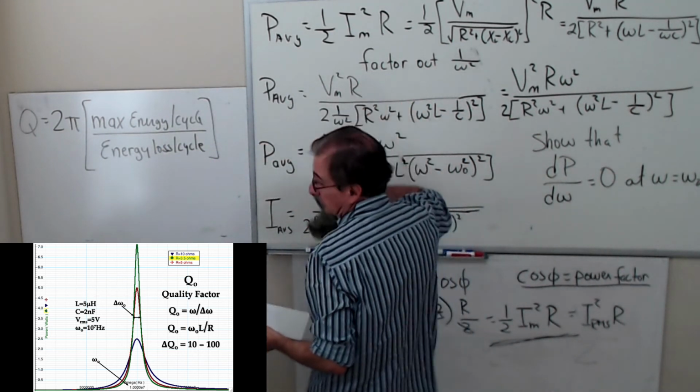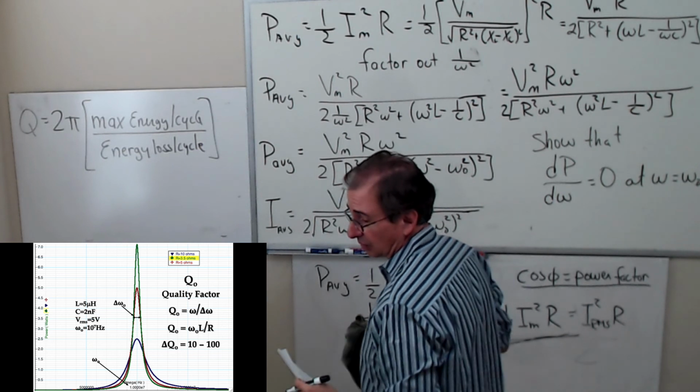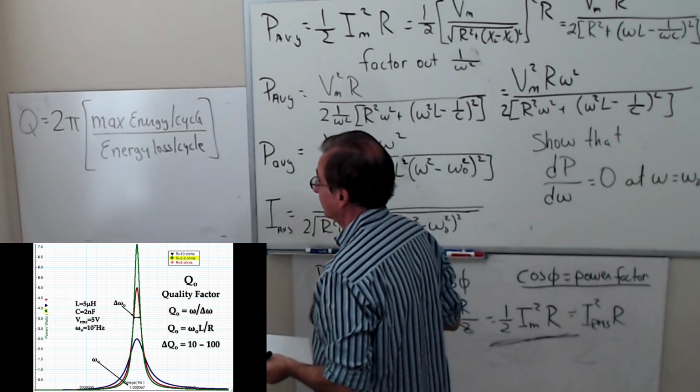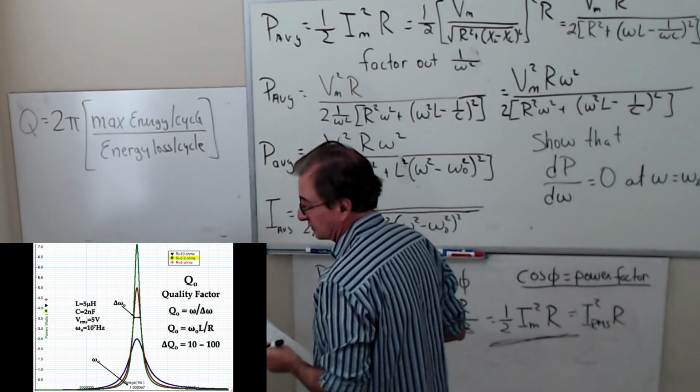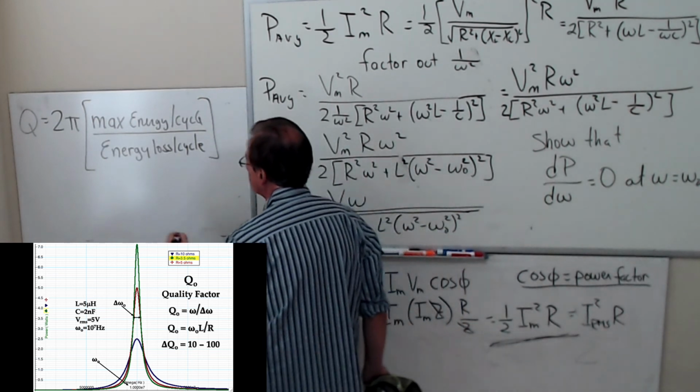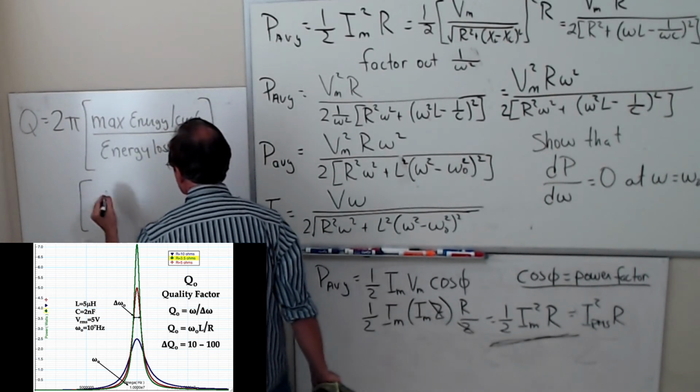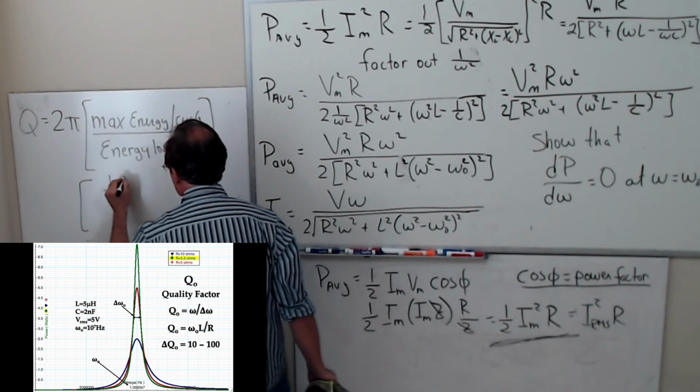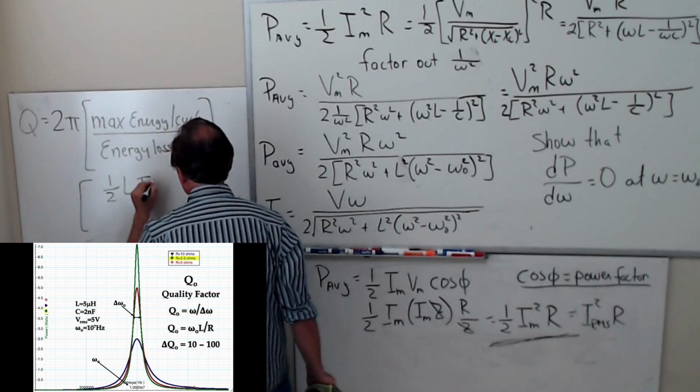So I can derive that omega naught L over R for our case. It's really not that hard because the maximum energy in a cycle, you can write it as 1/2 L I max squared.